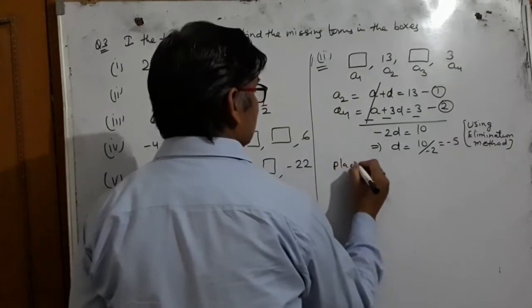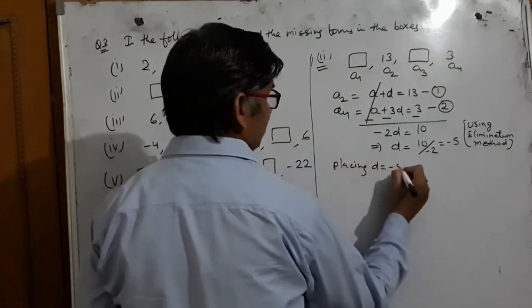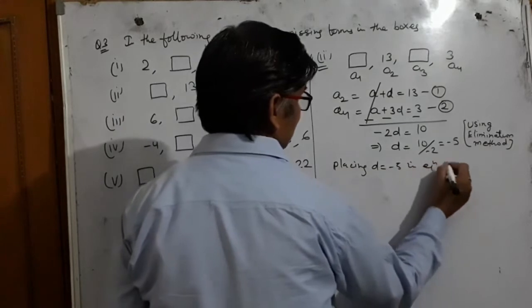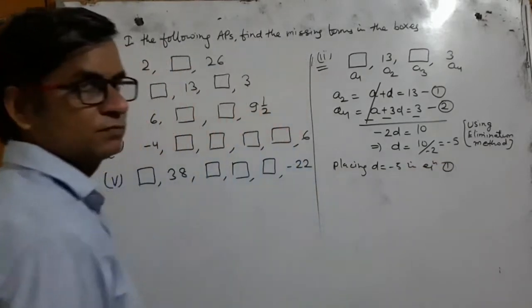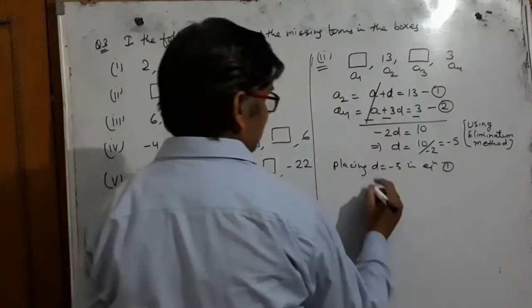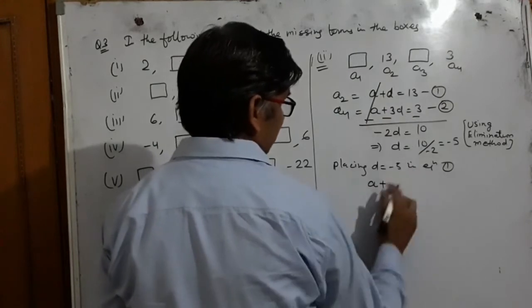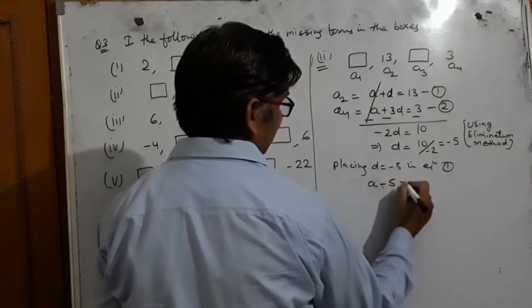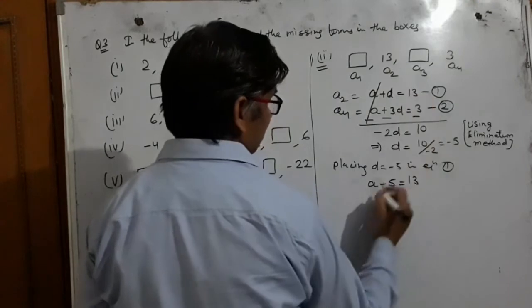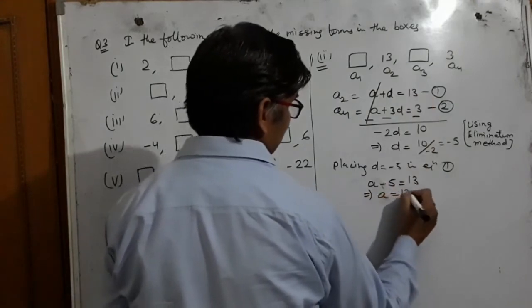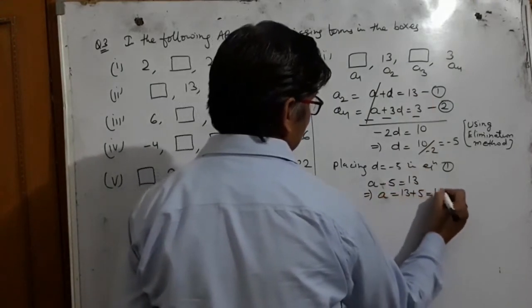Placing D equals minus 5 in equation 1, A plus D is 13, so A equals 13 plus 5, A is 18.